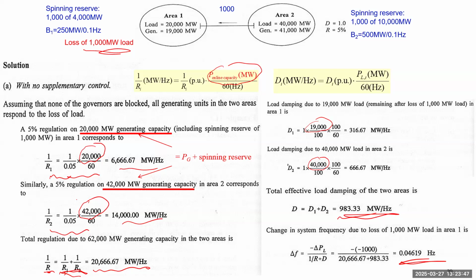For instance, if there are only 2 generators in area 1 connected to AGC, and each generator has some capacity, that's a PREF maximal. You have PREF maximal 1 plus PREF maximal 2. That result is 4,000. And the total room is 1,000. We don't know more detail.